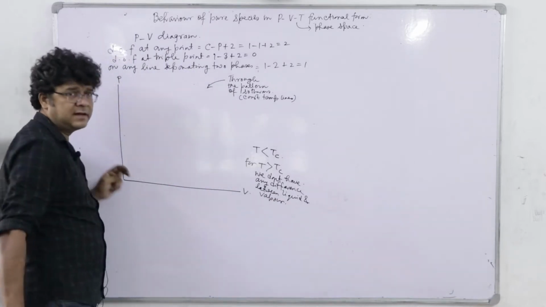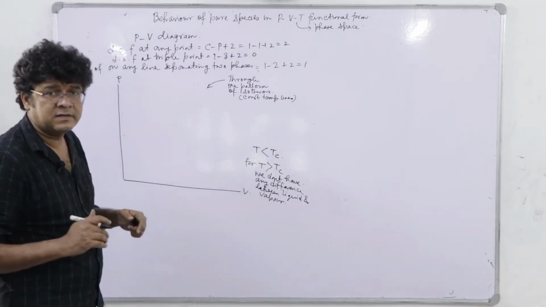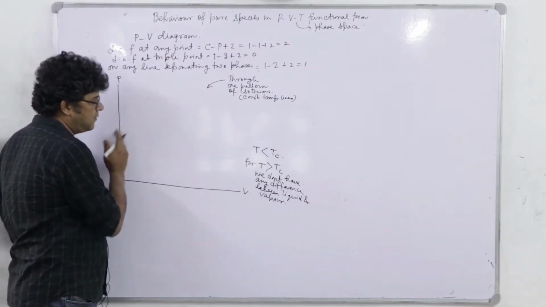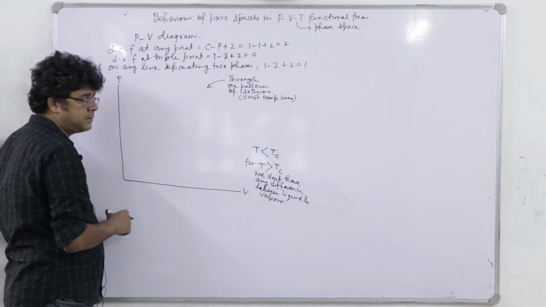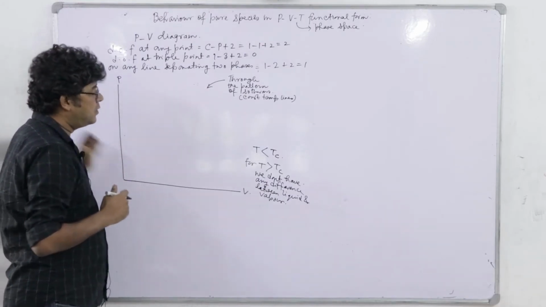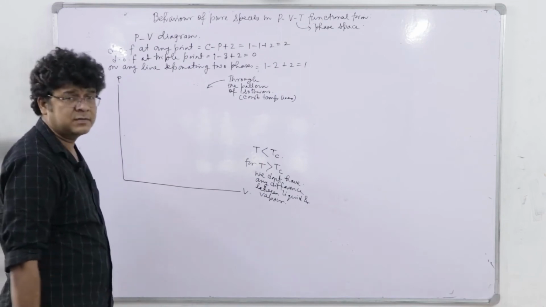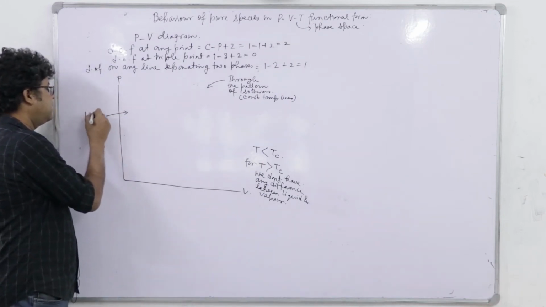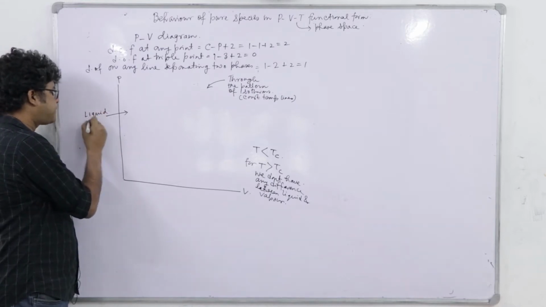So, for T less than Tc, where liquid and vapor are distinguishable, what will happen? On the left hand side, the extreme left hand region of this plot will have a liquid region. Now, liquid, you know, is a highly incompressible state of matter, right. So, this region will be the liquid region.